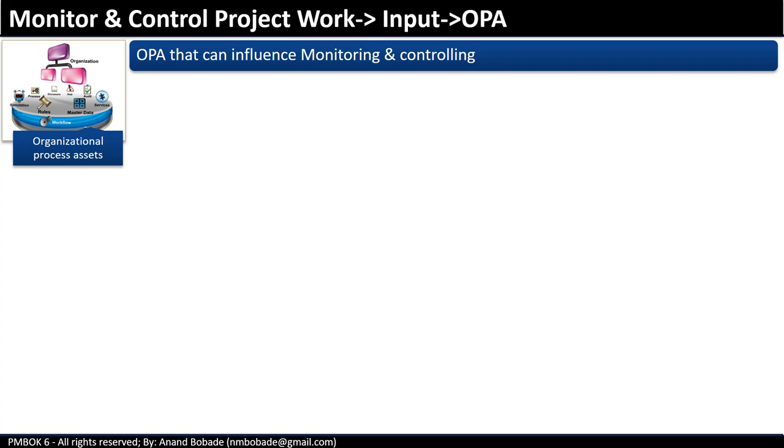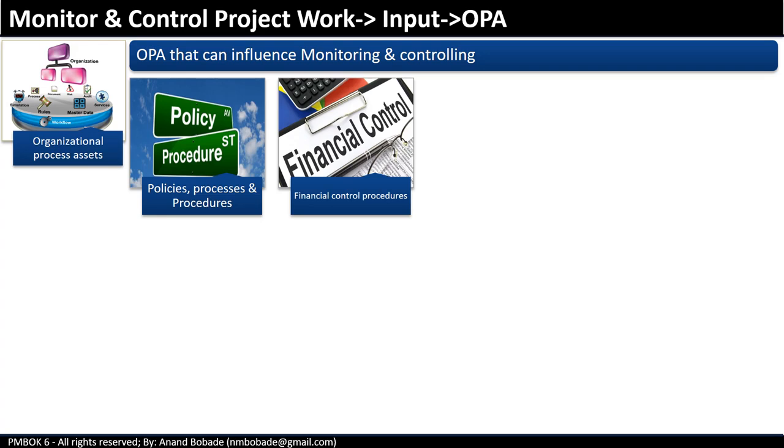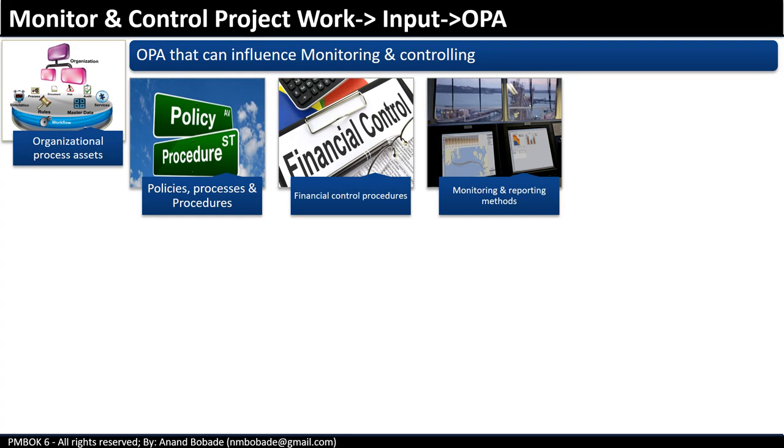Organizational process assets. Again, there are various OPAs which can influence the project. Of course, as a project manager, I would like to influence them positively. So what are those? Policies, processes and procedures. Financial control procedures, for example, accounting codes, payment terms, within how many days invoices will get processed. Monitoring and reporting methods.